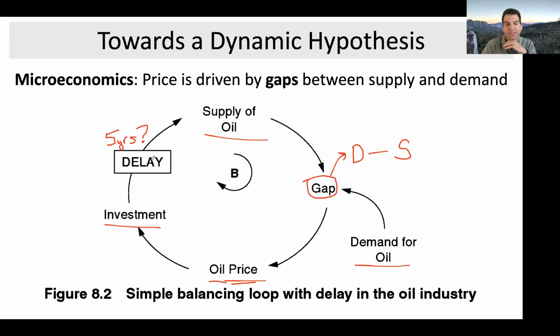After they've built all these wells and they start coming online, you start dumping in more supply. Initially, as you start dumping in more supply, those ones who get the supply out there sooner are going to be able to take advantage of the high price. But eventually, once there's enough additional supply, this gap is going to be reduced. And if the gap is reduced, then price will start coming down.